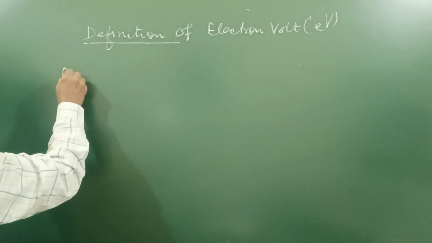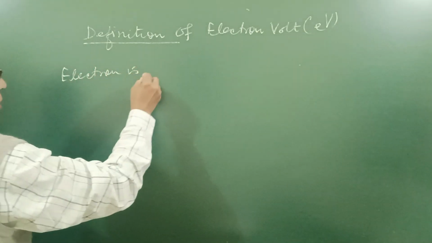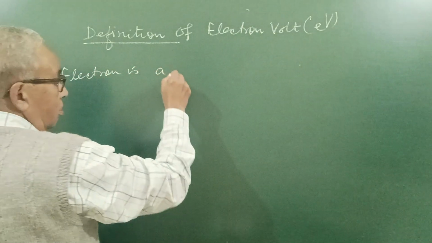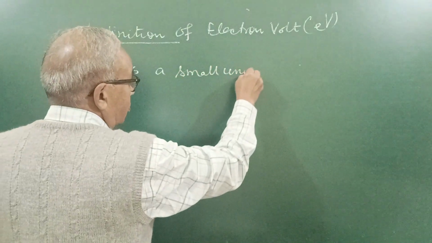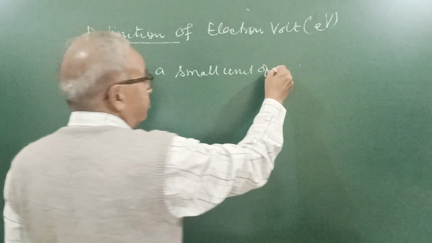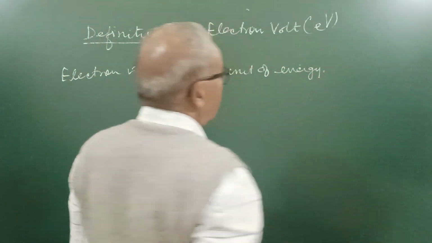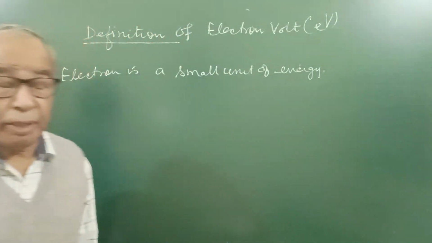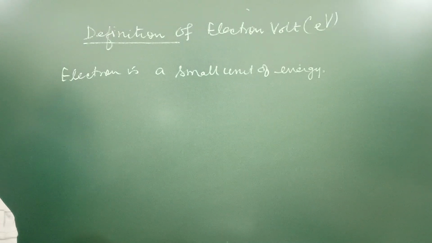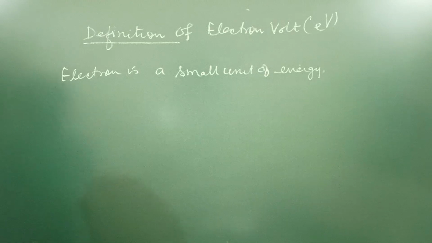So, electron volt is a small unit of energy. We have used it in measuring the energy of photons, electrons. Then how much energy is one electron volt?